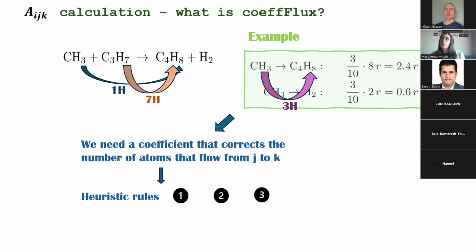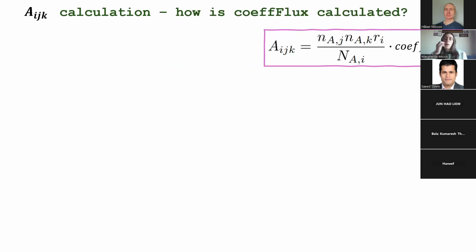In order to calculate the value of this coefficient, we will use the heuristic rules we mentioned before. In particular, what I implemented in this utility was only the heuristic rule 1, which is prefer the single exchange. In the next slides, I will explain how this is done.